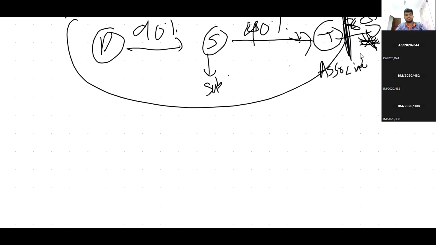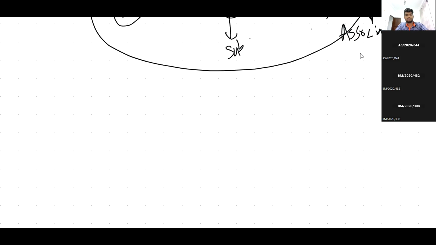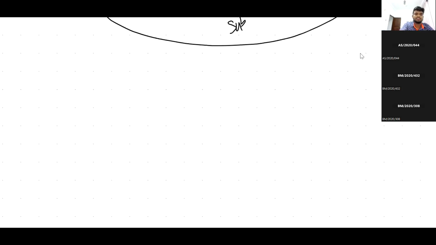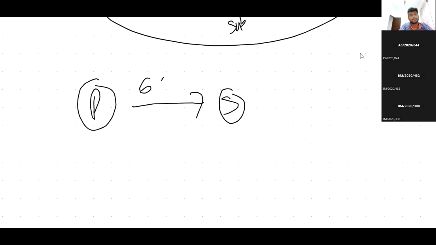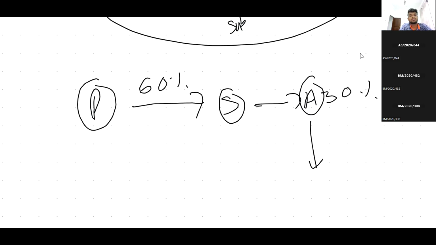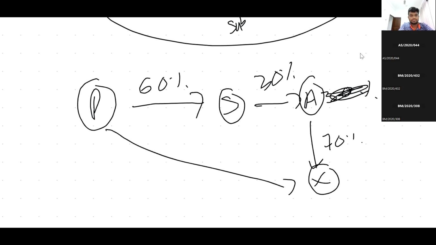So this is the vertical group. Now let's see the D-shaped group. In the D-shaped group, let's say this is P and this is S, with 60% ownership. P owns only 30% of A, and S owns another 30% of A. And P holds another 10%.